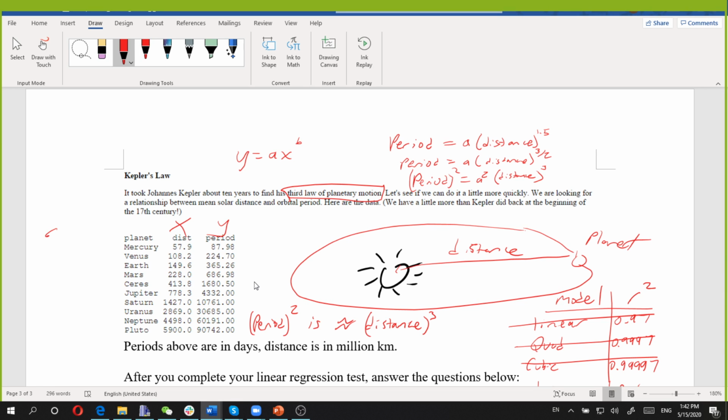Can you tell me why? So why is it not okay to use our power model to predict the orbital period of Ares?